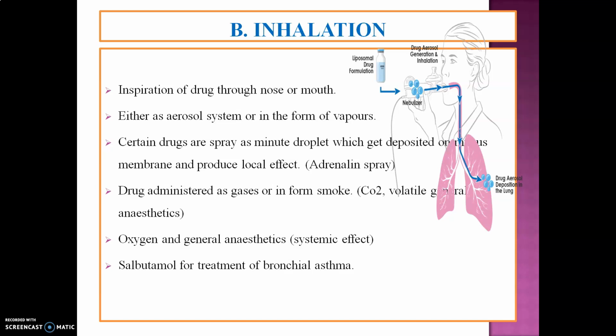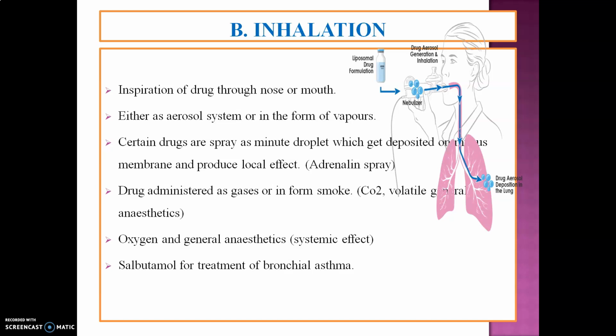For example, salbutamol is used for treatment of bronchial asthma. In this figure you can see the formulation. It is used by aerosol system or nebulizer or any apparatus providing direct delivery, so the drug goes directly into your lungs.